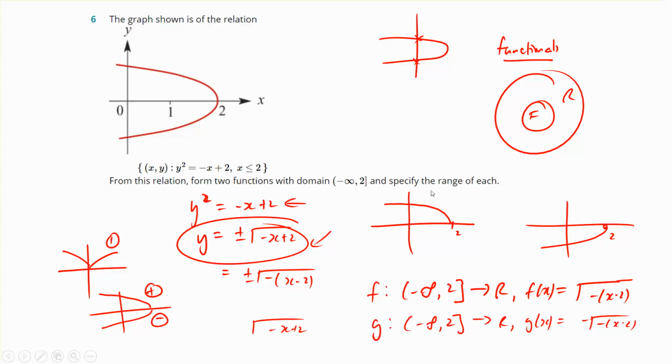So I've just split the whole graph into two pieces, up and down, because I know the equations for the up and down. It's just plus or minus the root of negative x plus 2. Hopefully that helps. I know it's a bit confusing, but if you look into it more carefully, you can break relations like these down into two separate functions.